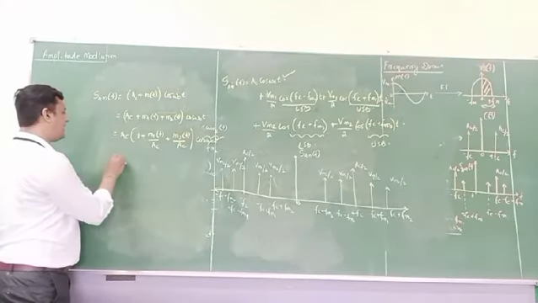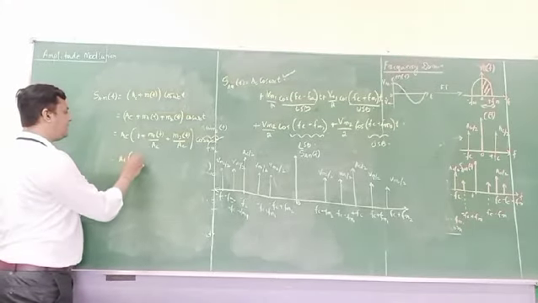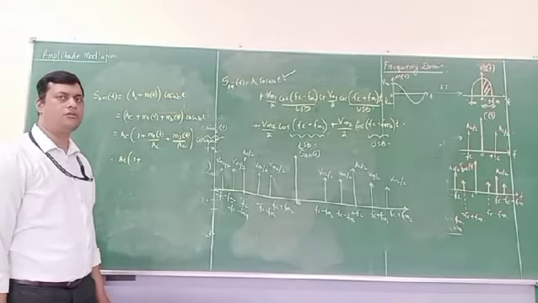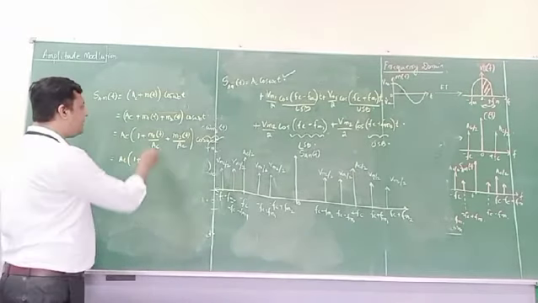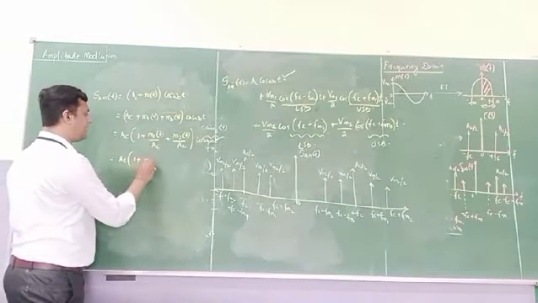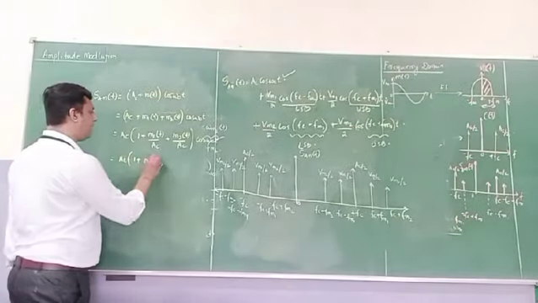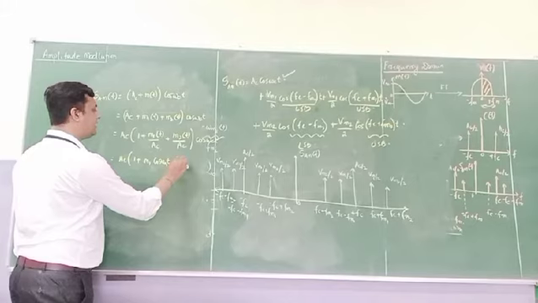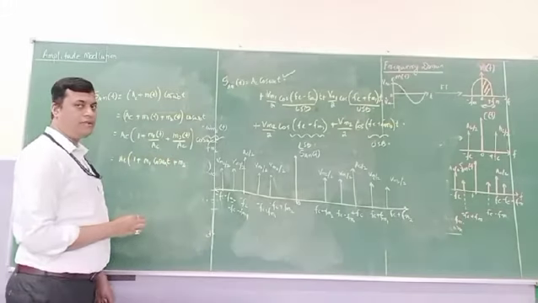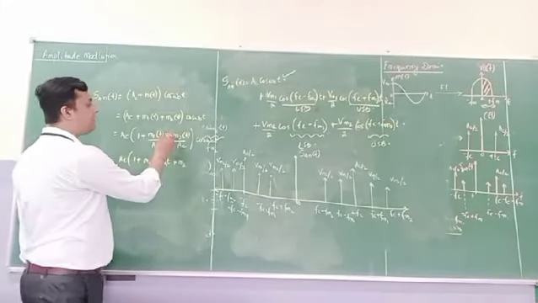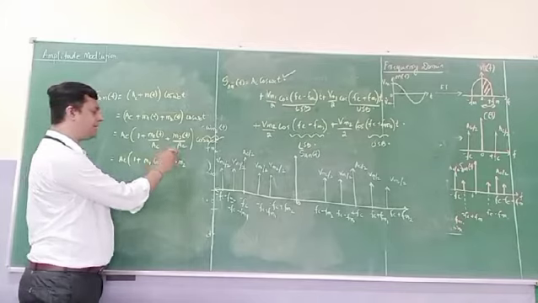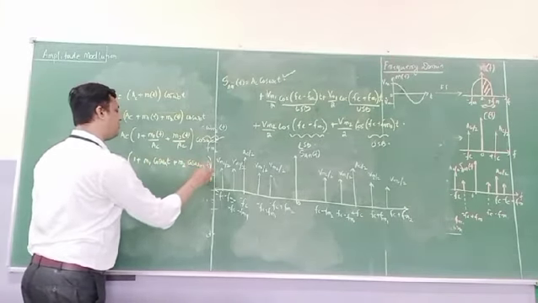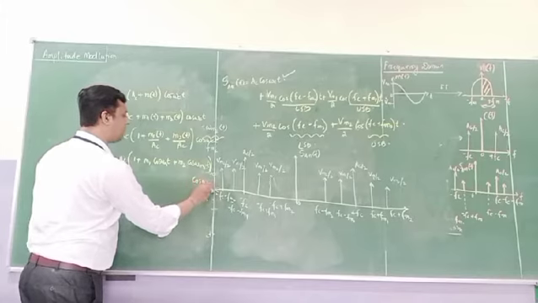Now here, in place of m1 of t we can write Vm1 cos omega m1 t, so that Vm1 by AC is called m1. Then plus m2, where m2 is Vm2 divided by AC, into cos omega m2 t, whole into cos omega ct.